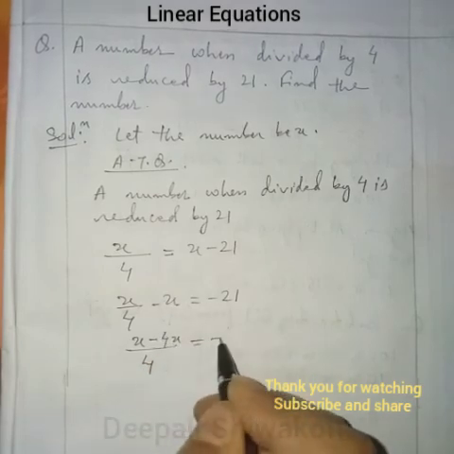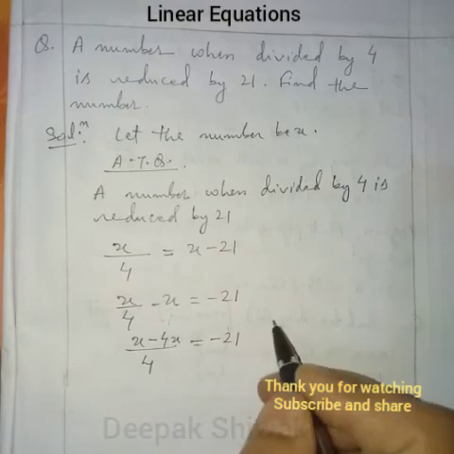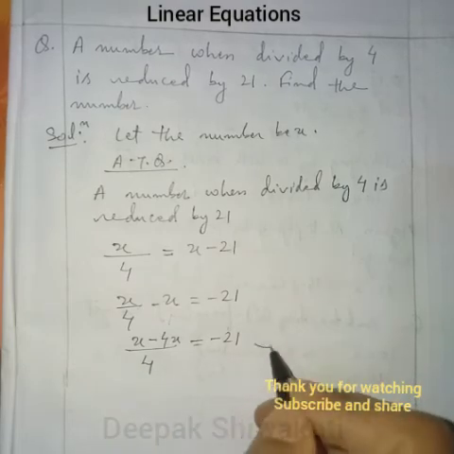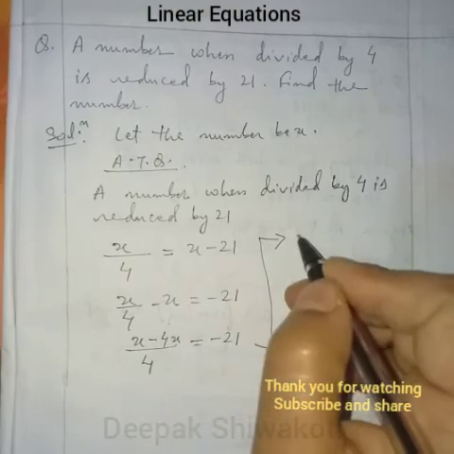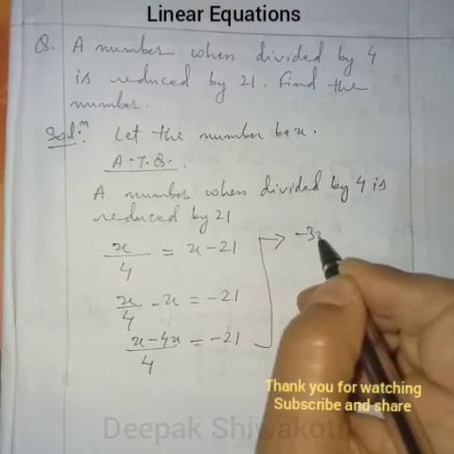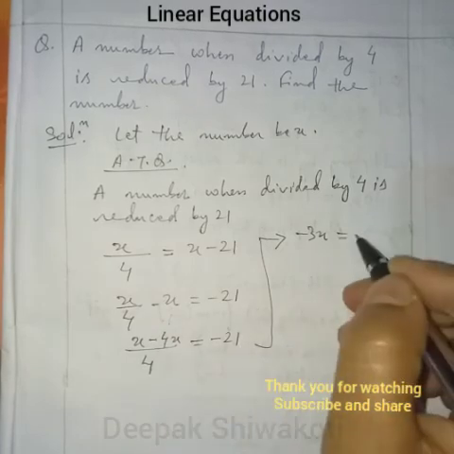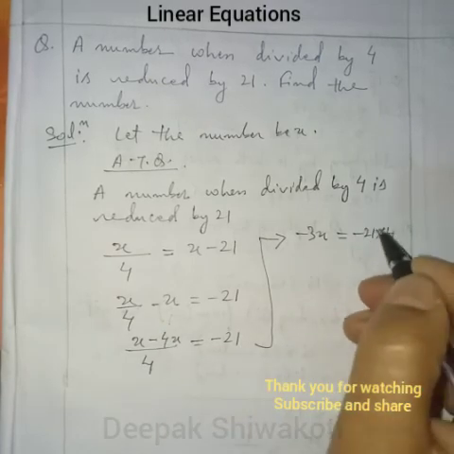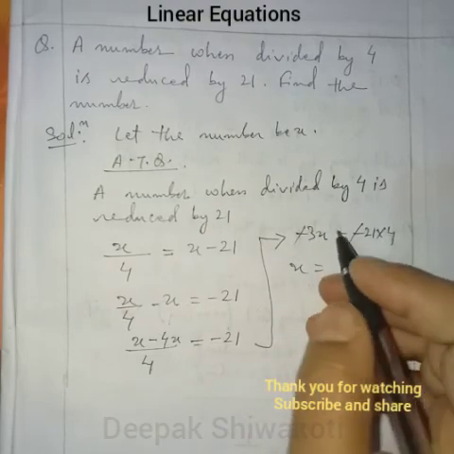Okay, so minus 21 this side. Now let me do here. Okay, so x minus 4x is minus 3x, and this minus 21 will be multiplied by 4, so x will be equal to this, minus minus getting cancelled.